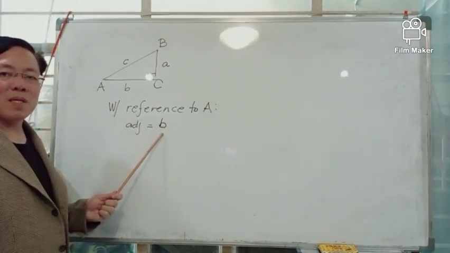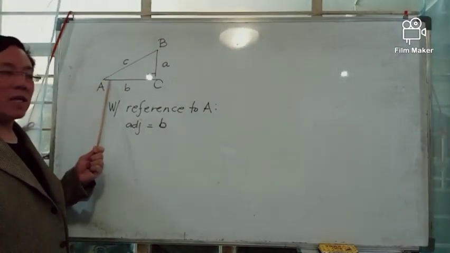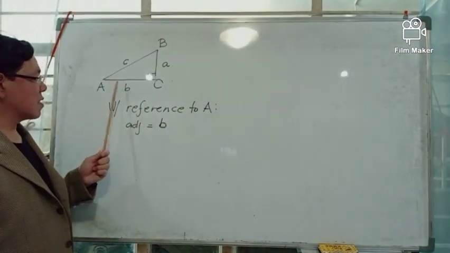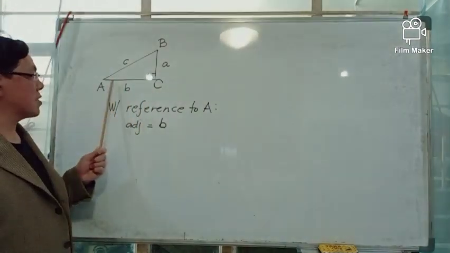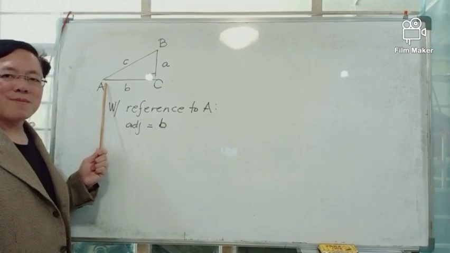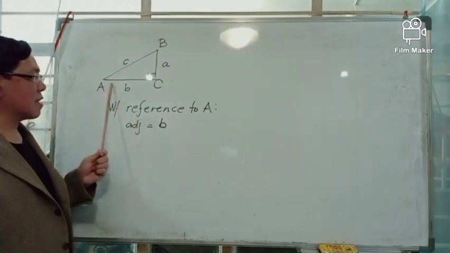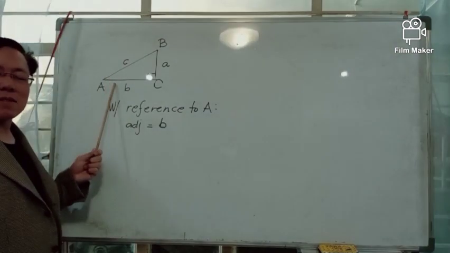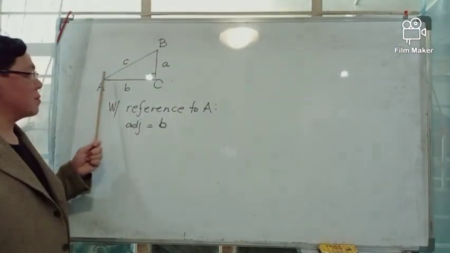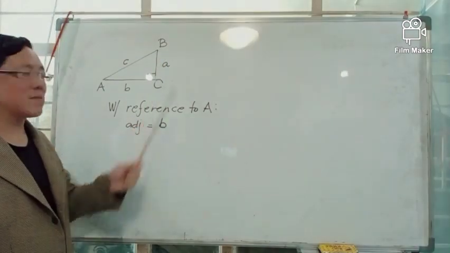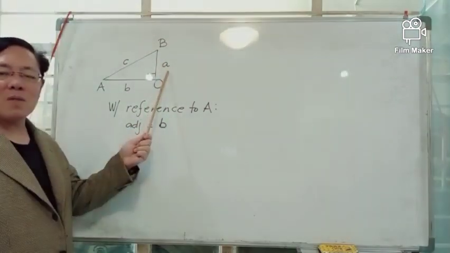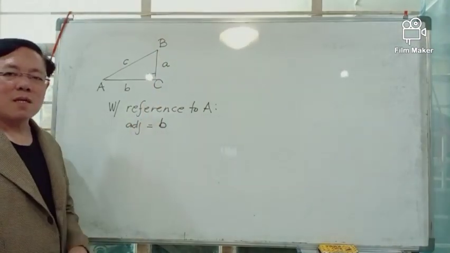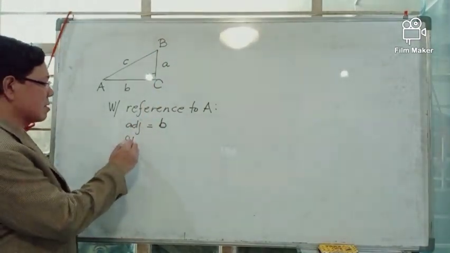Again, the small b, the side through the vertices A and C, is called the adjacent side because firstly, it is adjacent to angle A, and secondly, it is the side of this right triangle that forms this acute angle A with the hypotenuse. And the small letter a, the side through the vertices B and C, is called the opposite side.